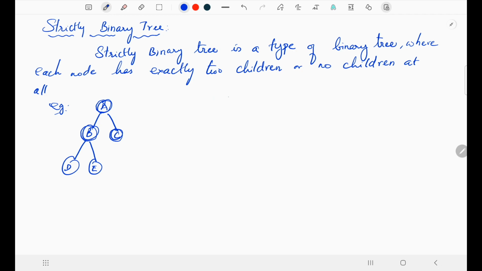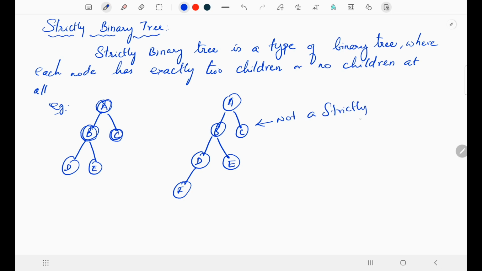For example, if I have a tree like this, A, B, C, D, E, F. So this is not a strictly binary tree.